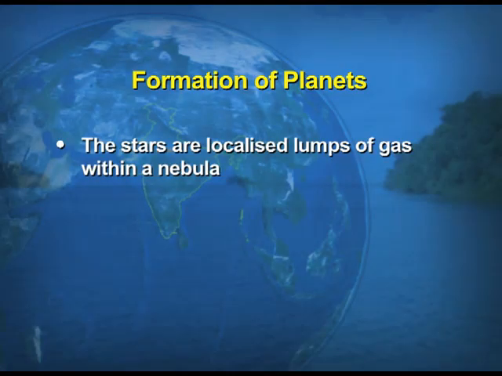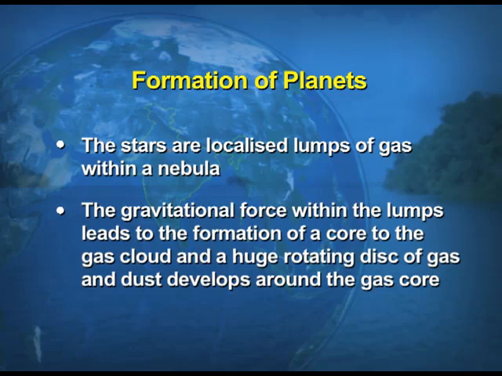In the first stage, stars are localized lumps of gas within a nebula. The gravitational force within the lumps leads to the formation of a core to the gas cloud, and a huge rotating disk of gas and dust develops around the gas core. In the next stage, the gas cloud starts getting condensed and the matter around the core develops into small rounded objects.